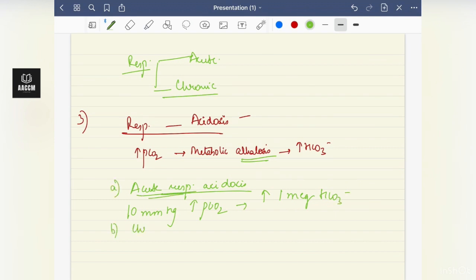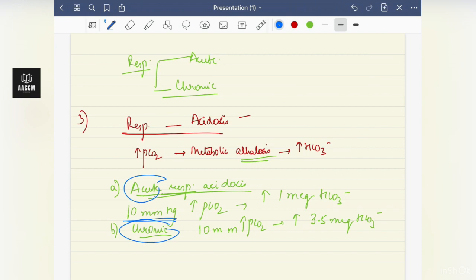For the chronic event, for every 10 millimeter change in PCO2 levels, the expected increase in bicarbonate is around 3.5 milliequivalents. This is a little different because there we have the acute as well as the chronic part. So for every 10 millimeter increase, in the acute part the bicarbonate should increase by 1, and in the chronic part, it should increase by 3.5.